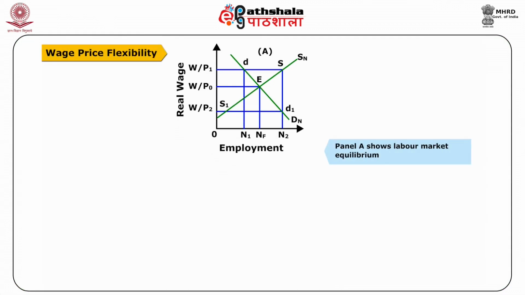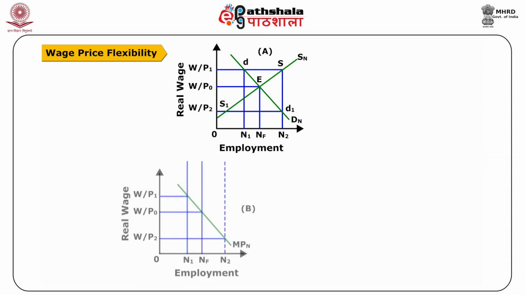Panel A shows the labor market equilibrium at point E, which is the full employment level NF and the real wage W/P0. If the real wage rises to W/P1, supply exceeds the demand for labor by SD and N1N2 workers are unemployed. It is only when the wage is reduced to W/P0 that unemployment disappears and the level of full employment is attained.